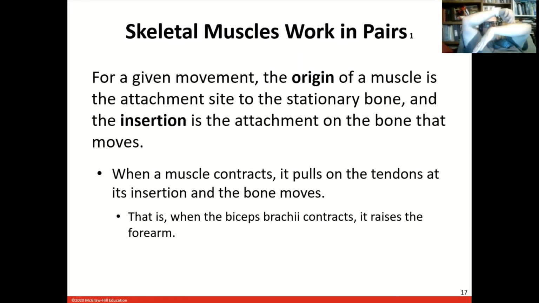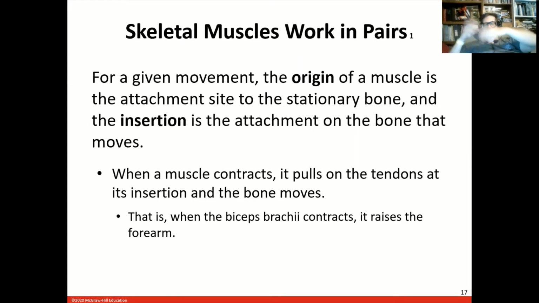So it'll attach up here and it'll attach down here. When that muscle gets shorter and thicker, the tendon runs over the joint and it pulls. Okay, so shorter, thicker muscle, tendon, as this gets shorter, it pulls that way and your joint moved.